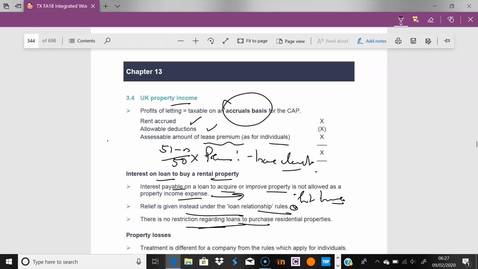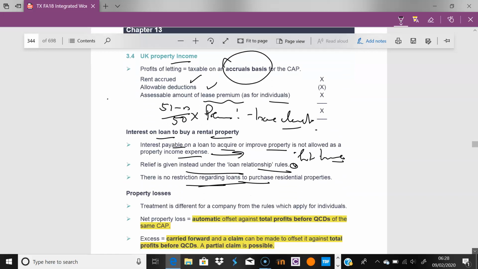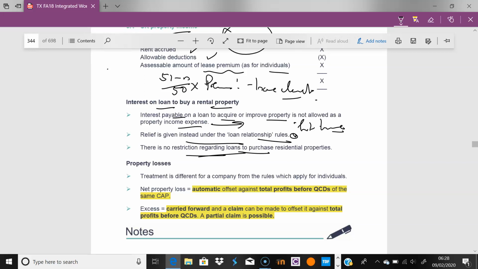But like I said, there's no restriction, because it's technically trading as a company to enjoy that benefit. So this is one of the reasons why many people now will form companies when they're dealing with property, as opposed to once upon a time where you did it as an individual and you had those restrictions and also higher taxes as well.